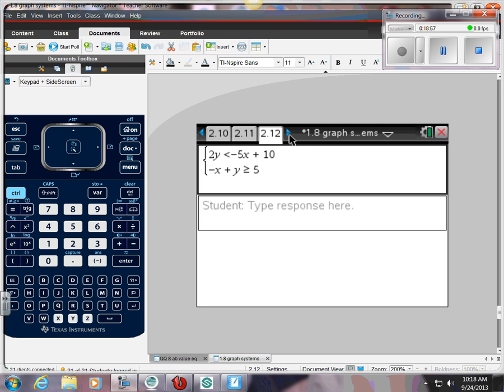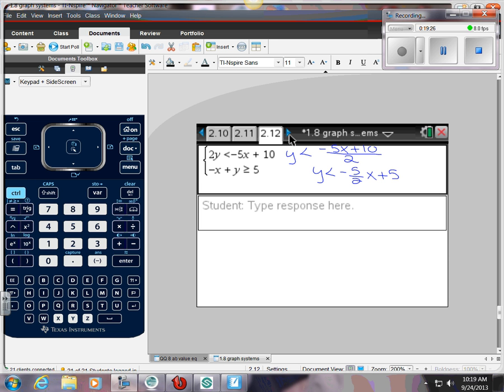I need to get y by itself. How? Sure, divide it by 2. So y is less than negative 5x plus 10, all over 2. Sure, you could write it as y is less than negative 5 halves x plus 5. Same exact thing, doesn't matter which way you write it, they're equivalent. Okay?